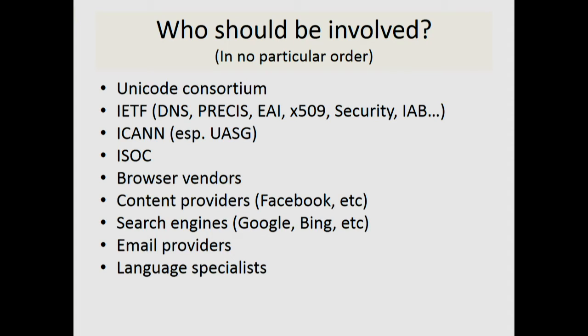Most of my work is done at the IETF, and I don't know whether it belongs there. I work with the UASG. I don't know whether it belongs at ICANN. I'm just putting this out. We have a big problem, and we need some kind of solution. And what I suggest is a part of the solution is collaboration of expertise.